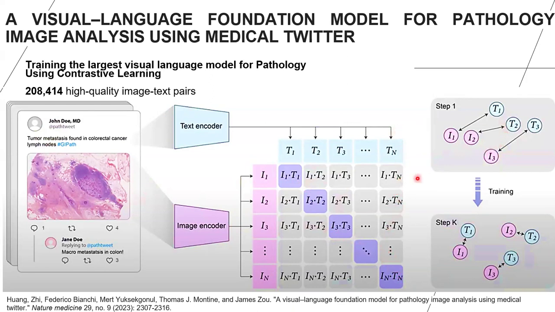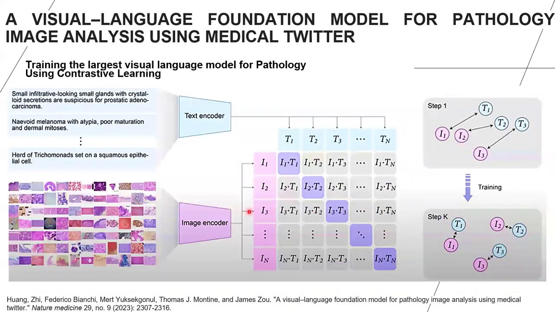They perform training for a certain number of steps to get the most optimal value. These are the texts extracted from the Twitter API along with their pathology samples. Text is passed to the text encoder, and the image is passed to the image encoder. It forms a dot product and cosine similarity is computed. That is how it works in a contrastive fashion.